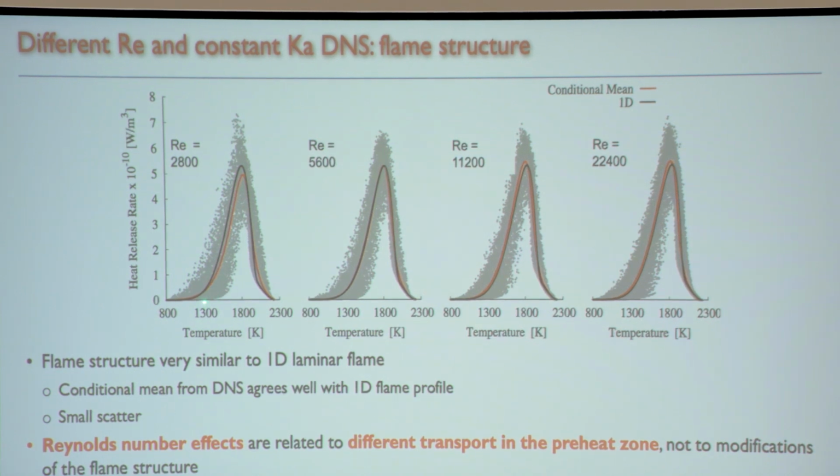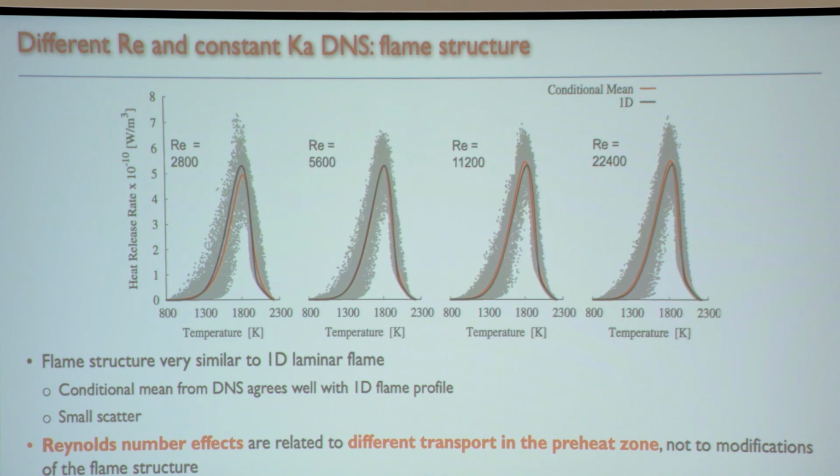So at a given temperature, all the data points at that temperature are averaged. That's the conditional average. And the black line is just a one-dimensional laminar flame. You see the heat release rate is exactly the same as a laminar flame, which is what we would expect in the thin reaction zones regime.